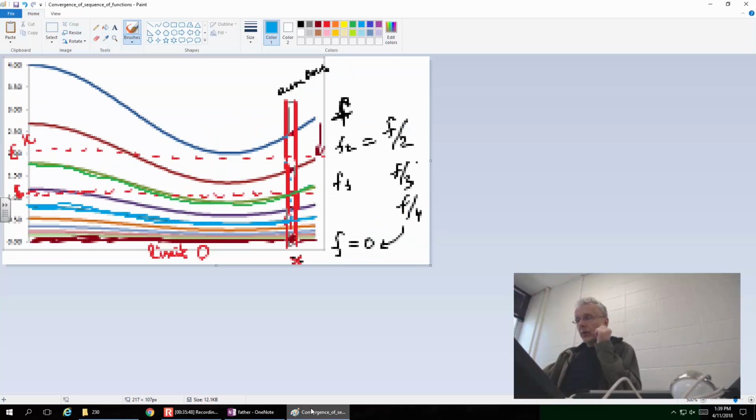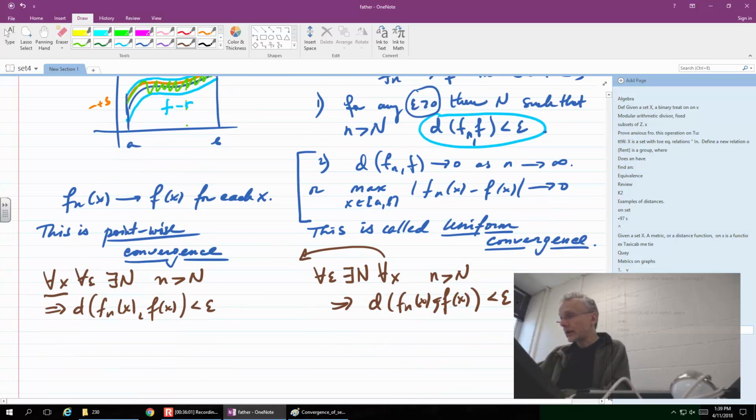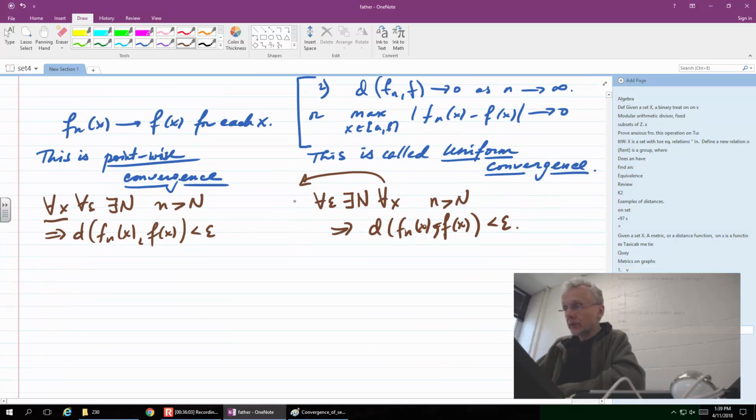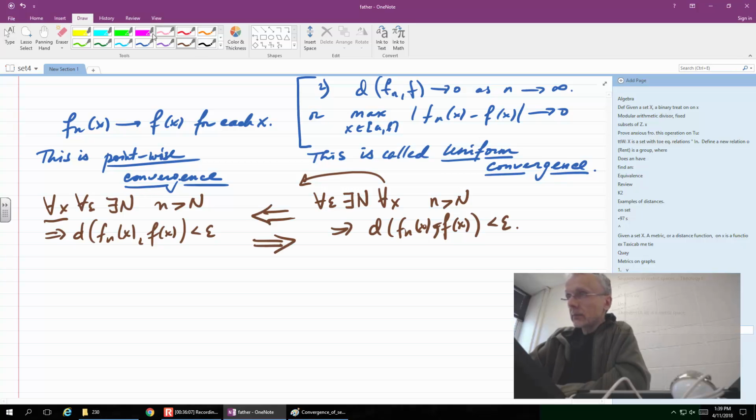So uniform convergence implies pointwise convergence. However, here's an example to show that it doesn't have to imply the other way. So it works this way, but not that way. Okay, so uniform convergence implies pointwise convergence, but not vice versa. Here's an example.